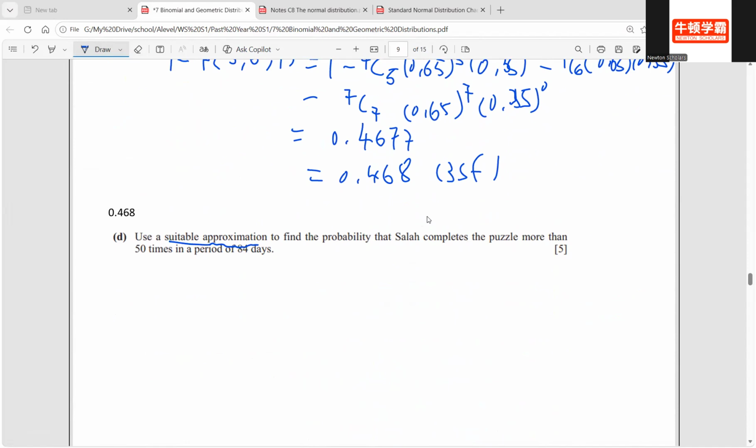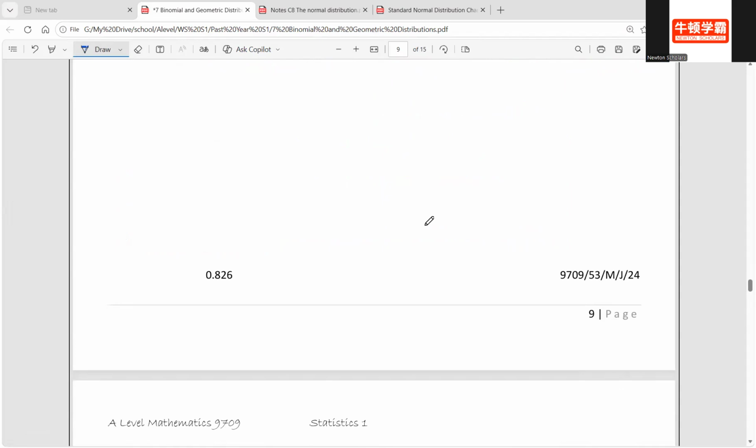For AS, the only suitable approximation is normal. So this is under the normal questions, so don't touch it yet. We will come back to this question after we finish the notes in chapter 8.